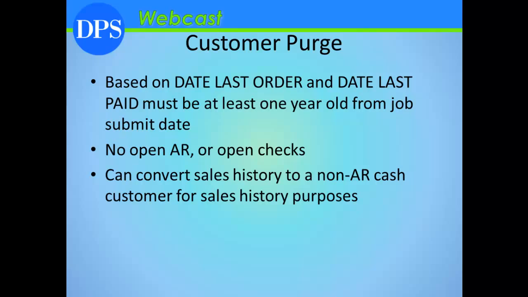They must have no open AR and no open checks. If you would like to convert your sales history for further use or comparisons, then you can set up a non-AR cash customer for this sales history.